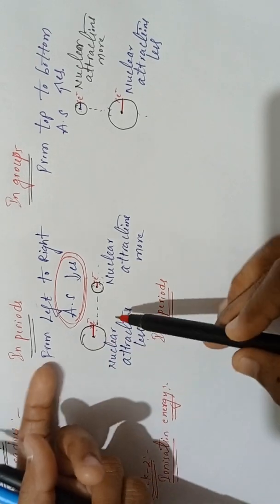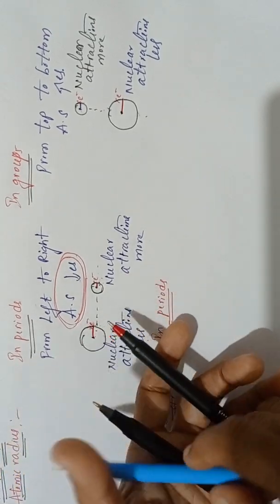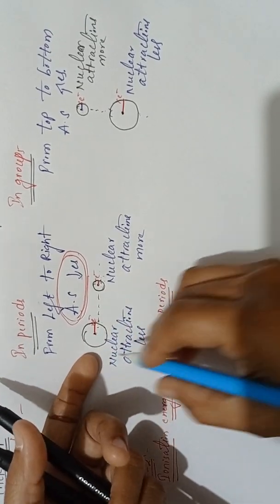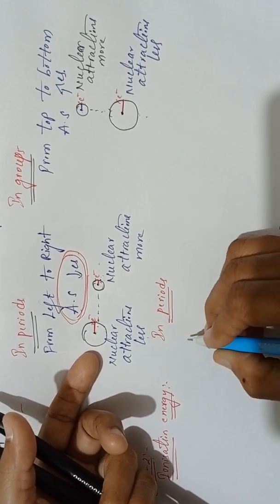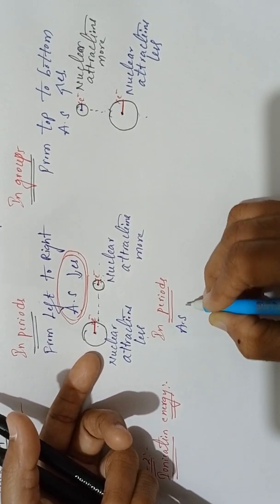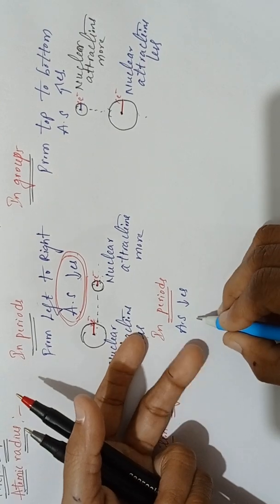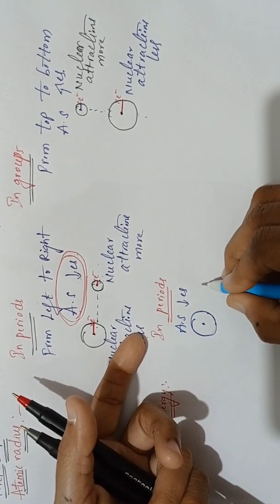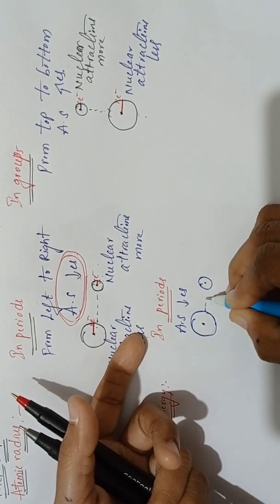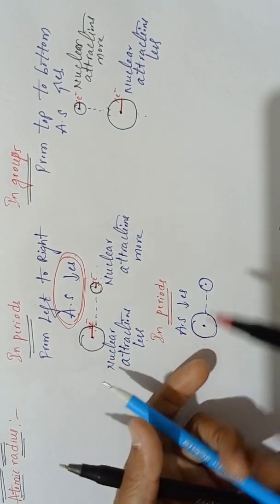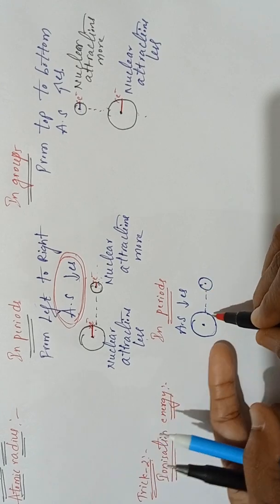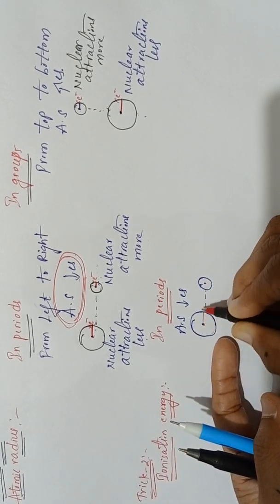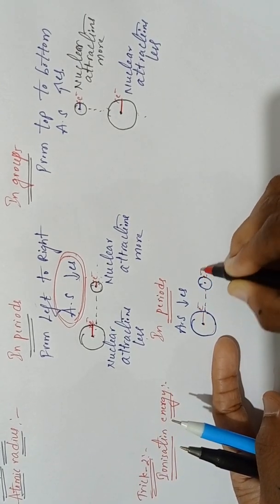Are you understanding? In periods, atomic size decreases, which means big to small. For example, this is a big atom, this is a small atom. Left to right in periods, atomic size decreases. This is the valence electron, this is the valence electron.